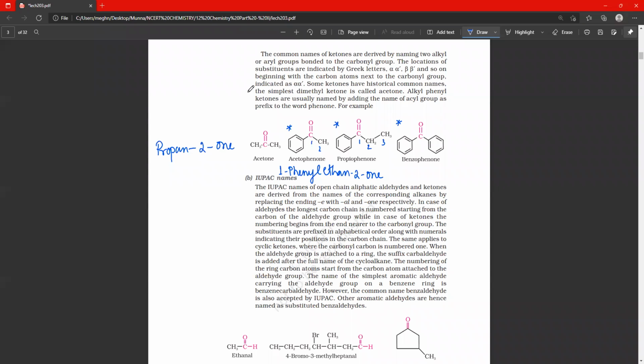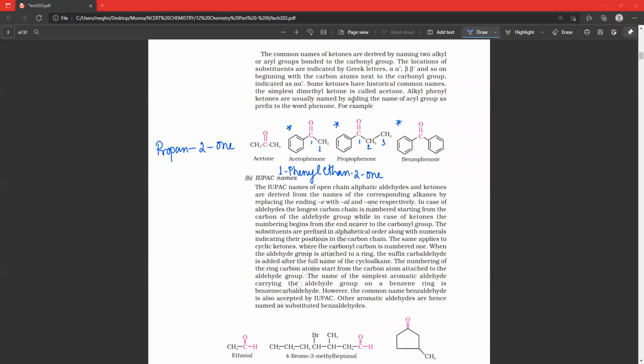Benzophenone I'll write, but this one all of you write, propiophenone. Anyone, can you tell me? Aishmita, can you tell me? Yes, ma'am, trying. Okay.